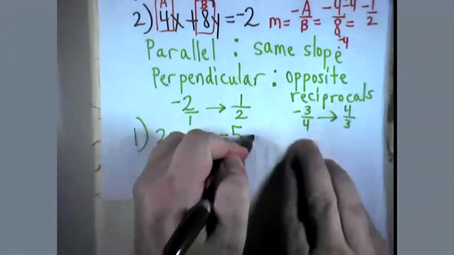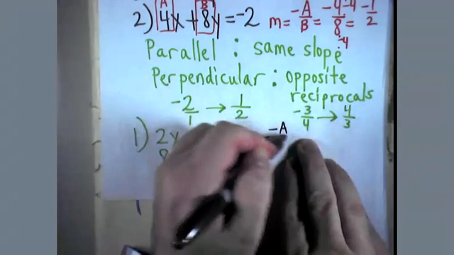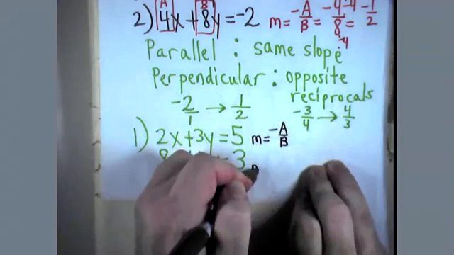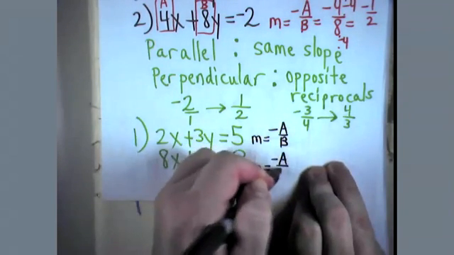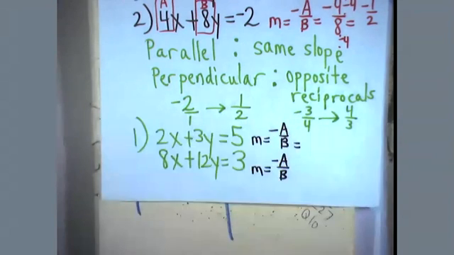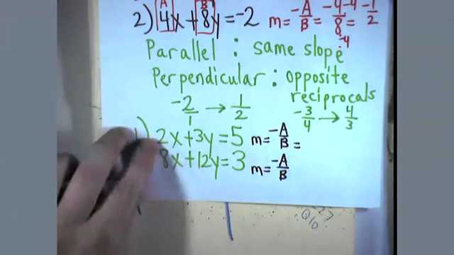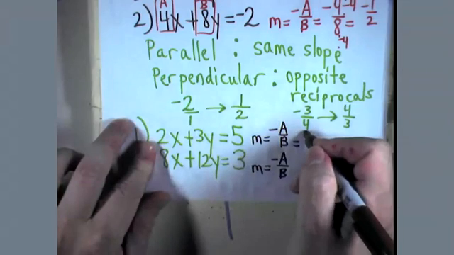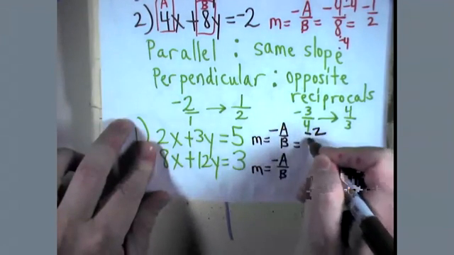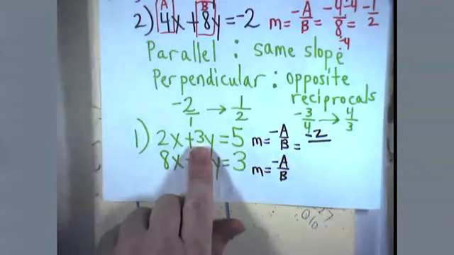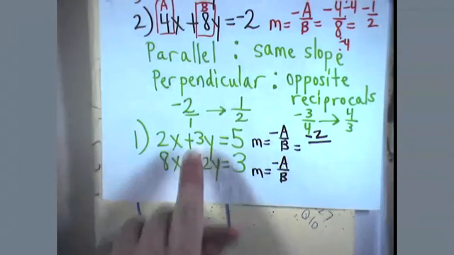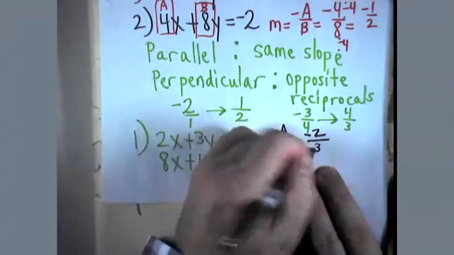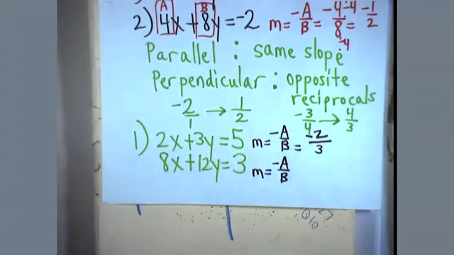So we have m equal to -a/b. For the first line, a is +2, but it's negative, according to our formula. So we have negative 2 over b is 3. So the slope of the first line is negative 2 over 3.